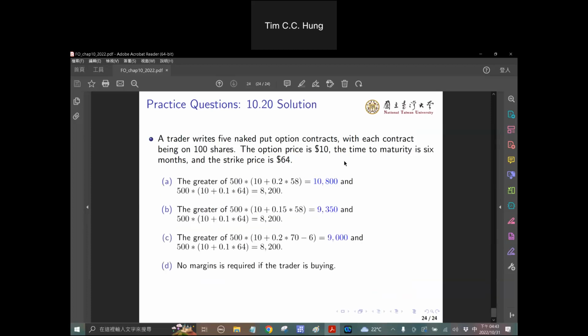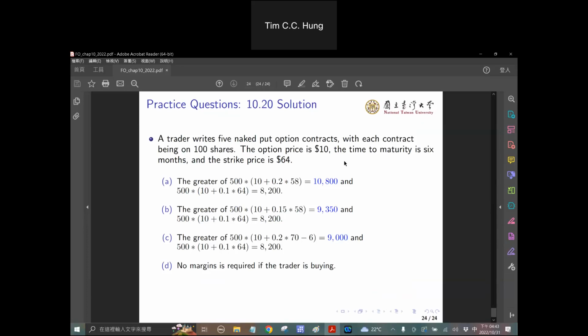Then we have to calculate both of the two calculations. If it's $58 and the strike price is $64, then basically this put option is in the money. You're going to sell something at a higher price than its real spot price. So we don't have any amount to deduct for out of the money.